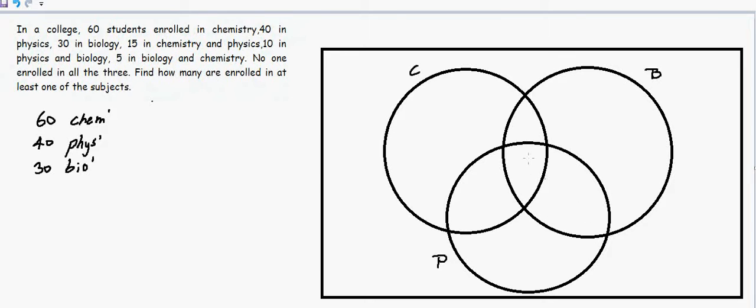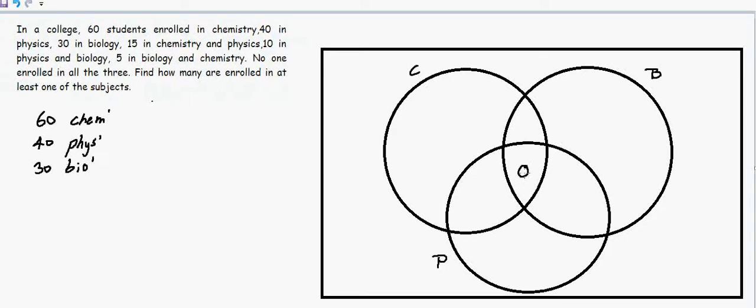So here we have, in this section, the intersection of physics, chemistry and biology. So we could leave that blank, or, as I'm going to do, I'm going to put 0 in, just to remind me that nothing should go in there.